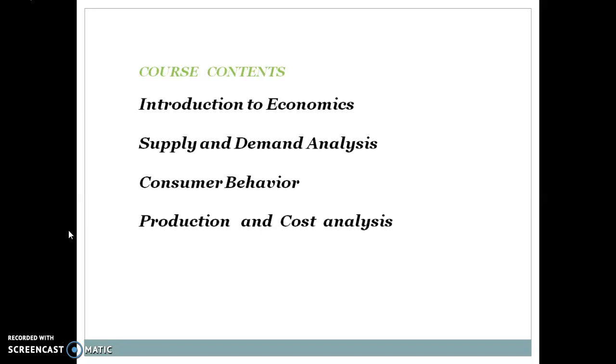So this is explained clearly in this chapter. Cost analysis is a topic where we relate the concepts of production to cost. And we also classify the different types of costs under various heads. So basically these chapters are interrelated.